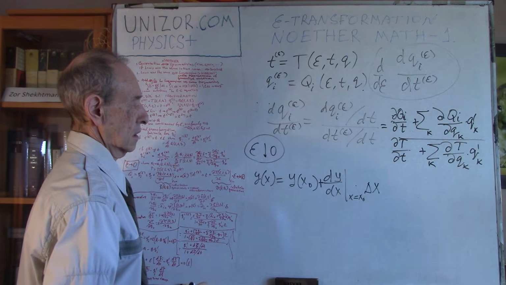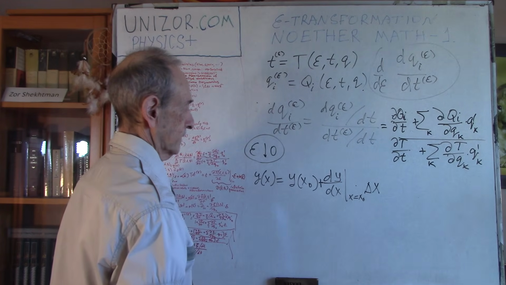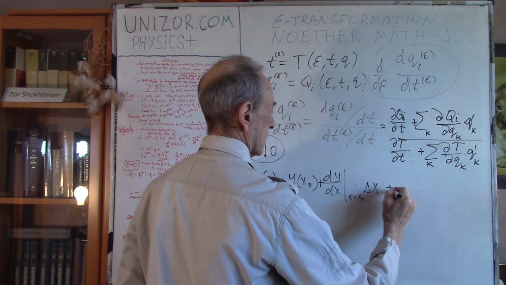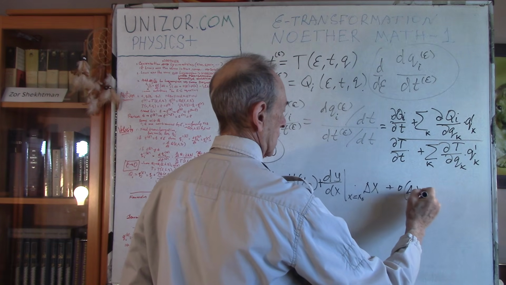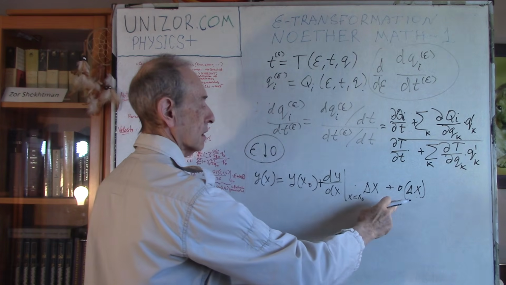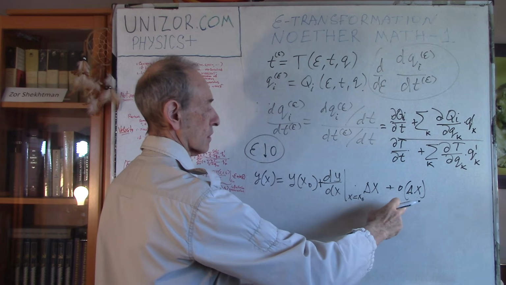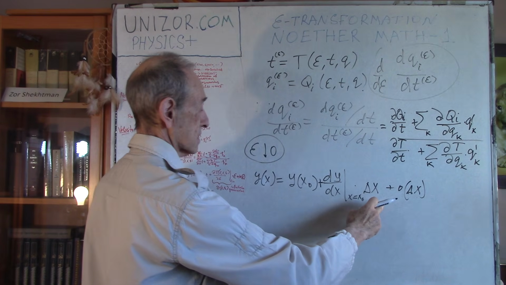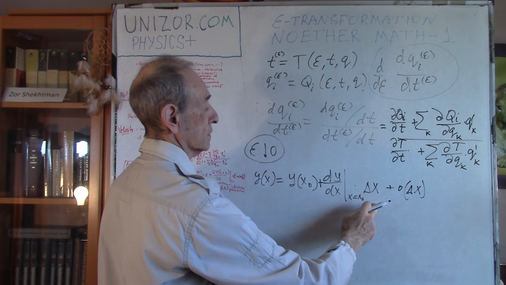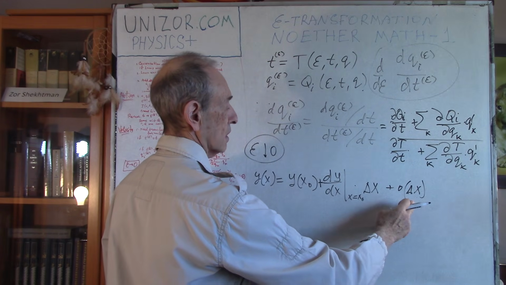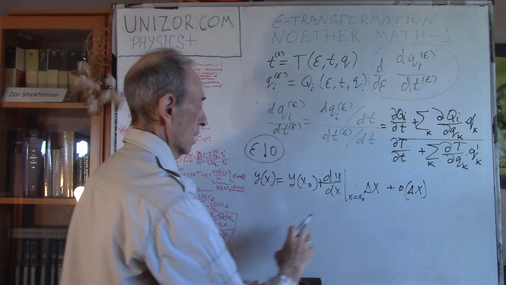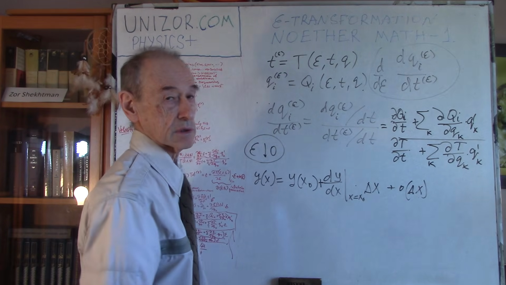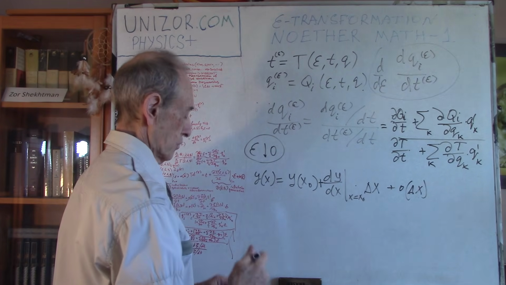Remember this? Plus a term going faster to 0 if delta x is tending to 0, that would be an infinitesimal of a higher order. So this is basically a result of Taylor's formula.